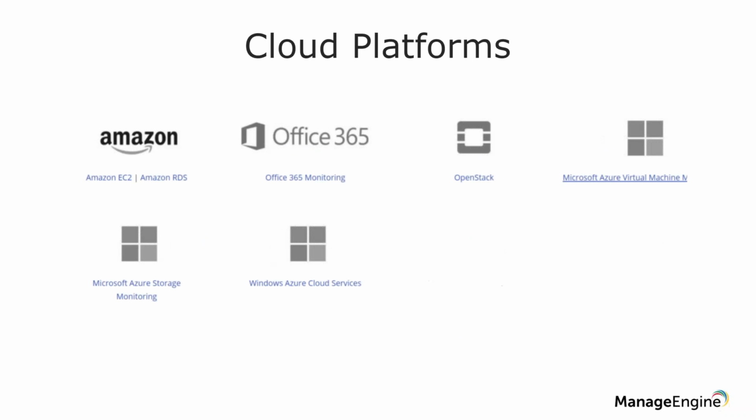Under cloud platform, we monitor Amazon, Microsoft Azure, Office 365, and OpenStack, where we monitor the EC2 instance, RDS, and S3 bucket. Applications Manager's Microsoft Azure Monitor enables users to discover virtual machines and monitor them. You can also monitor the health and performance of your Azure storage account.